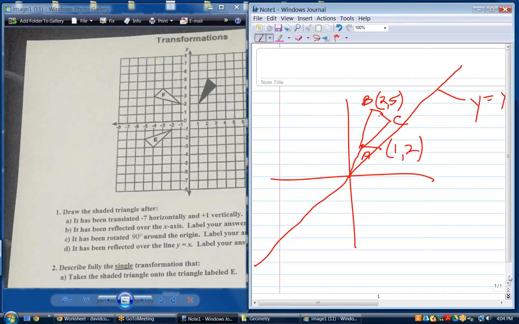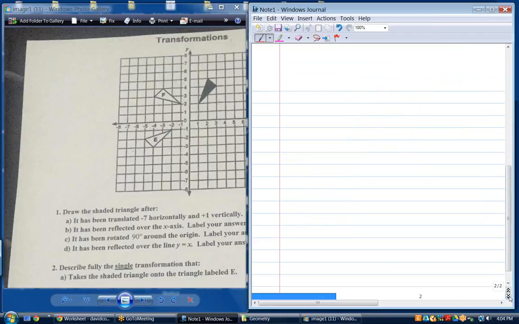In other words, first of all, I can't believe they didn't label this with points. What about a 90 degrees clockwise rotation? And then a reflection over the y.